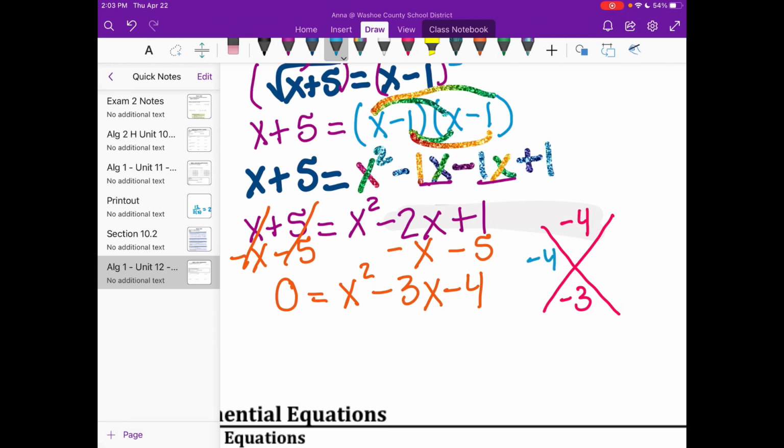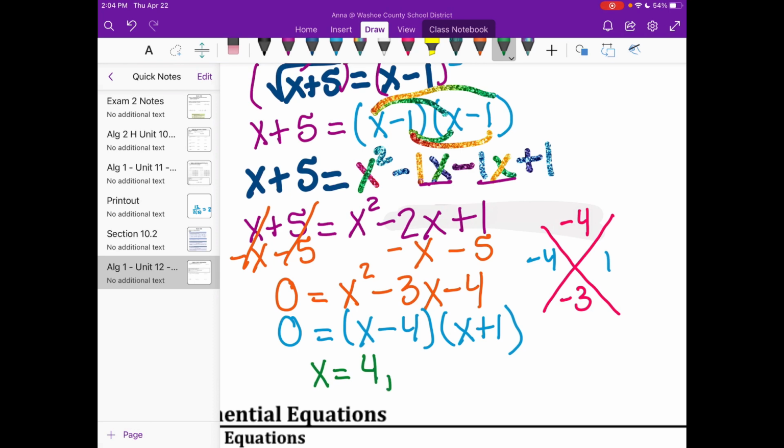Let's try negative 4 and 1. There we go. It works. So, 0 equals, I can go straight to parentheses, x minus 4 and x plus 1. So x equals, opposite of negative 4 is positive 4, and negative 1.